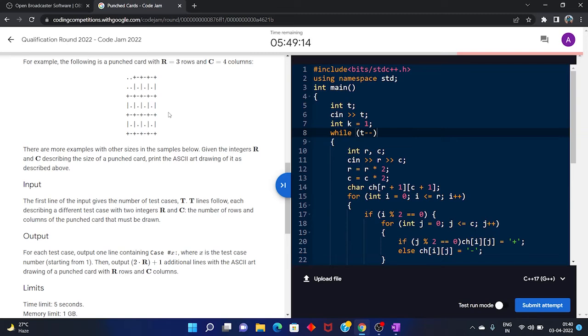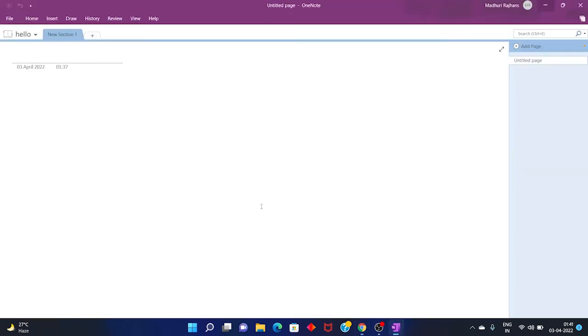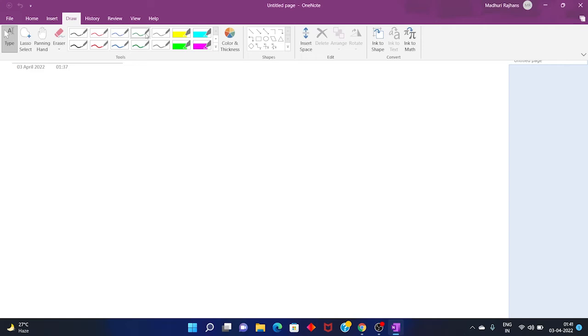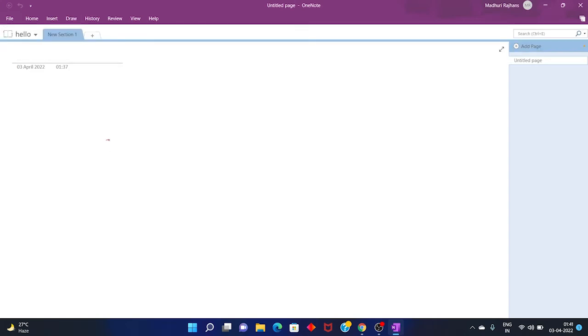Now let's calculate, for a given R and C, how many columns and rows will be required. If each dot is a cell, then for each dot I will have one pipe, and two dots will share one pipe.